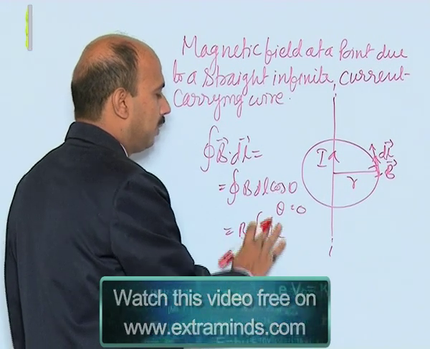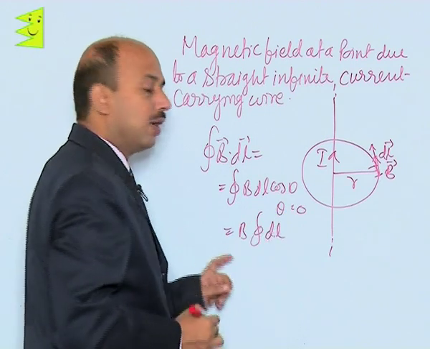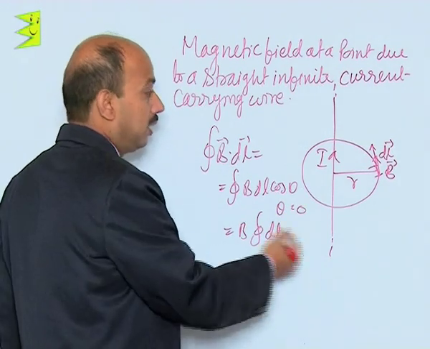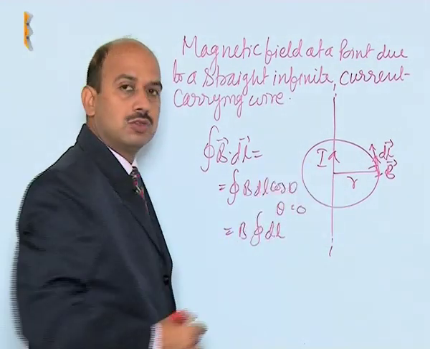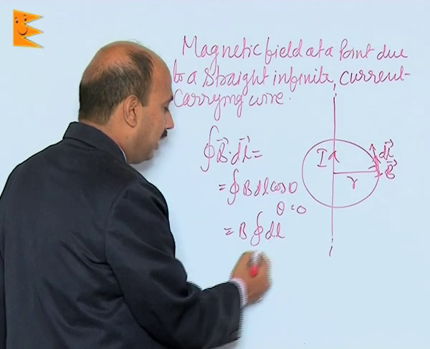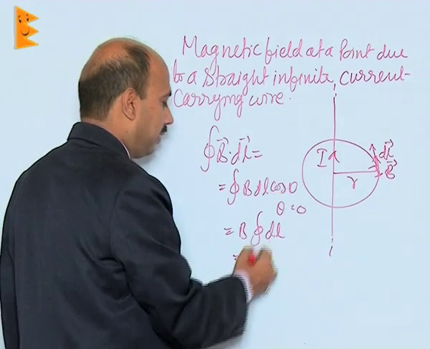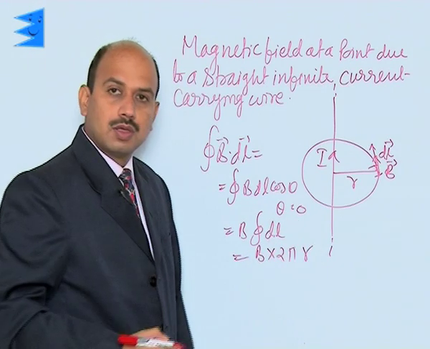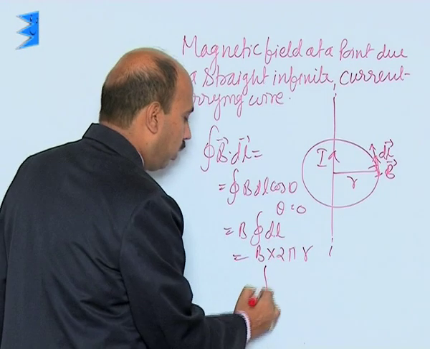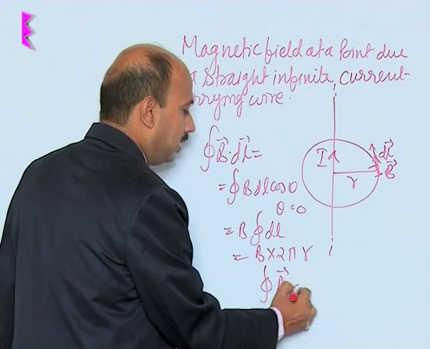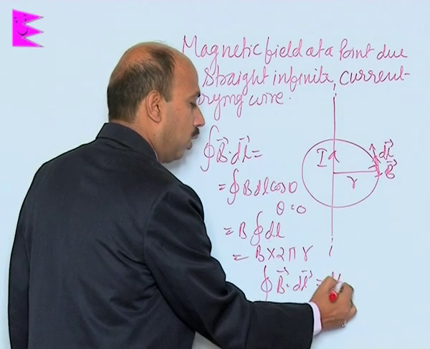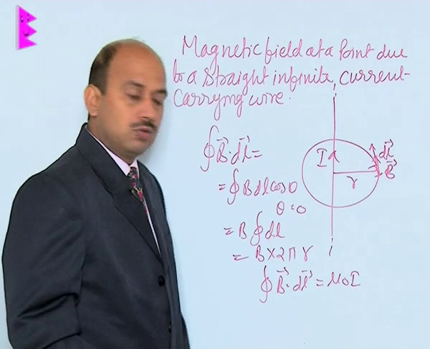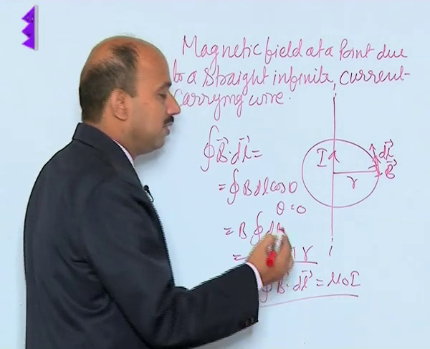We have to calculate the magnetic field at this point. So, B we are going to calculate, and we take this loop such that B remains constant throughout the loop. So, the overall integration is along the circumference. So, we will get the integral of B dot dl is equal to B into 2 pi r. Now, according to Ampere's circuital law, we can write B dot dl is equal to mu naught I. So, now we can take these two equations.